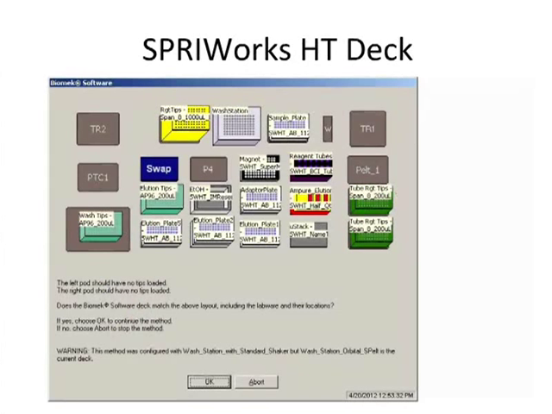So I mentioned the SPRIworks HT, which came along slightly after. This is a representation of its deck, which, again, is quite standard. There's nothing overly surprising. This PTC1 on the end is a thermocycler that is actually not used in the SPRIworks HT method. We happen to have it on our deck. So this is a representation of the HT deck as configured for the robot deck that we had existing.